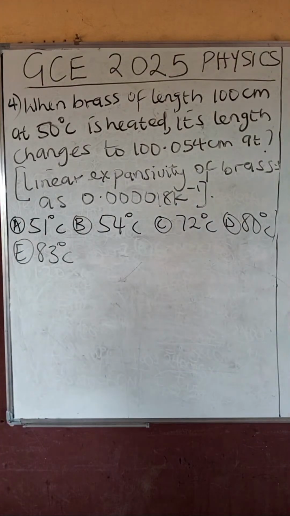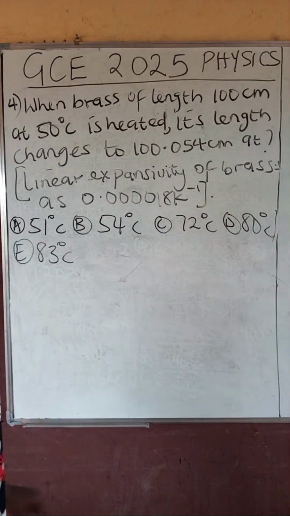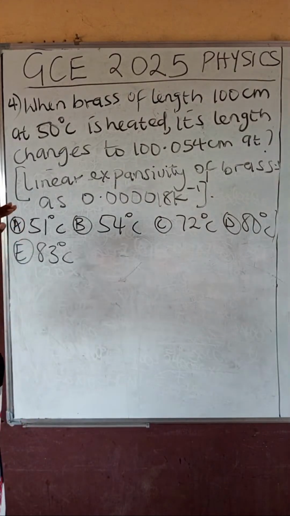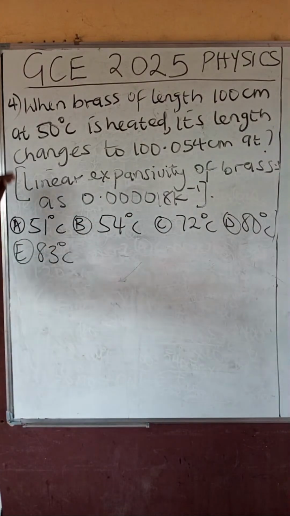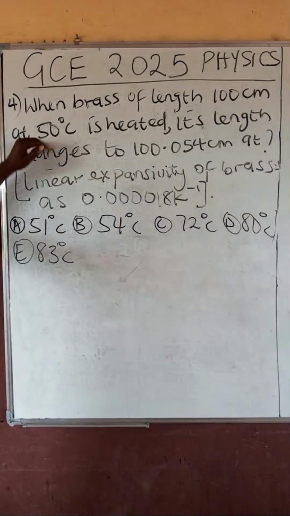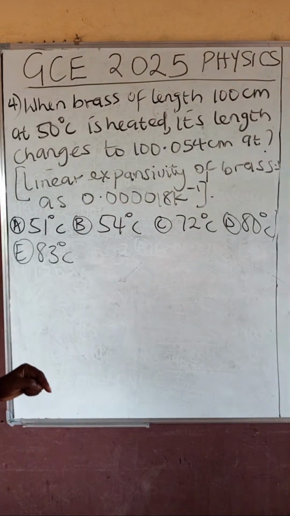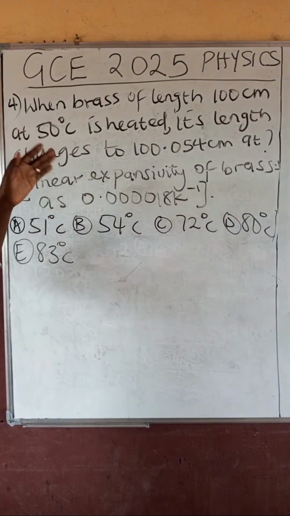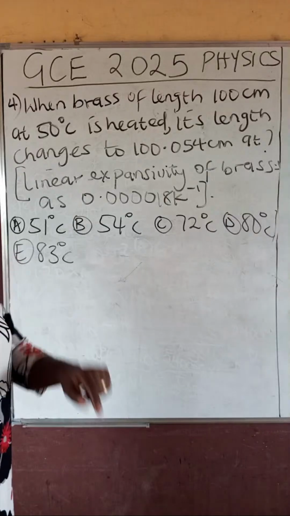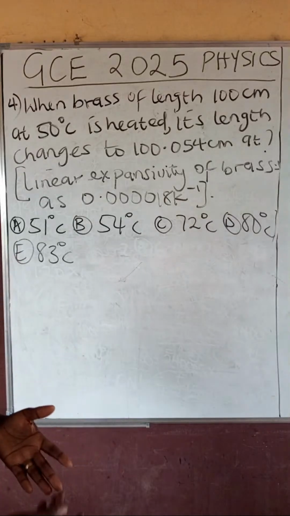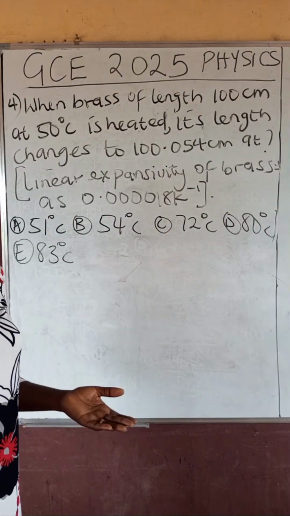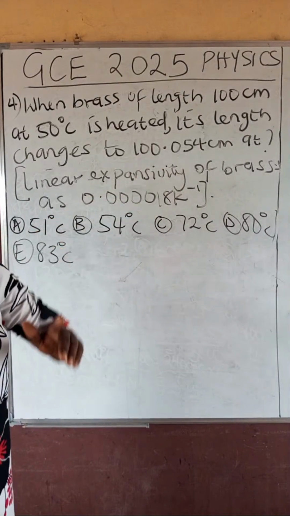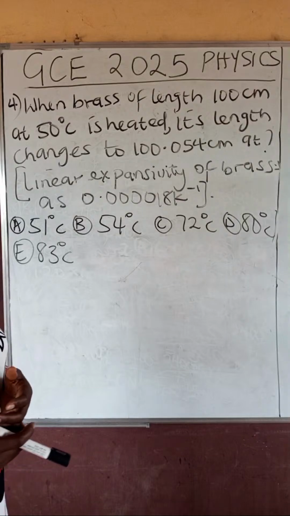All right, now let's look into this example. When brass of length 100 centimeters at 50 degrees Celsius is heated, its length changes to 100.054 centimeters at dash. They want us to get the second temperature, the final temperature, at which the body increased to 100.054 centimeters.